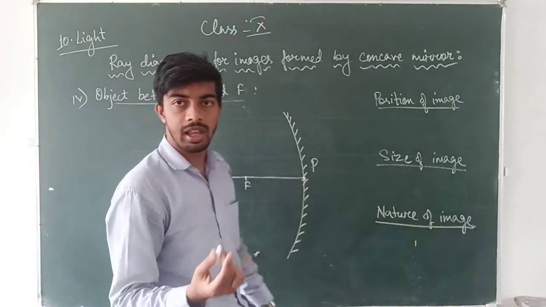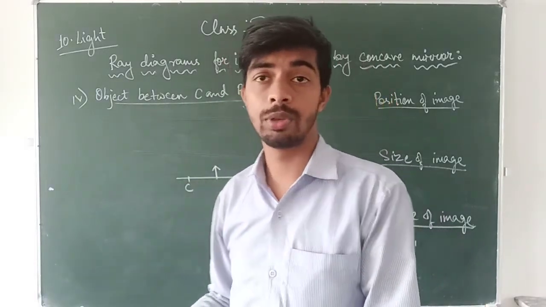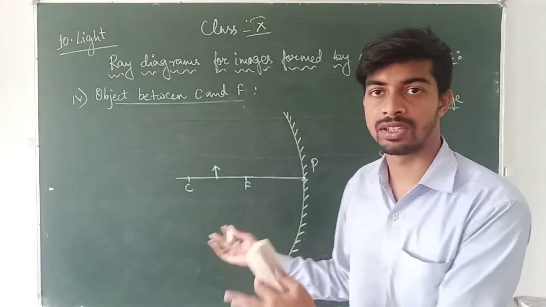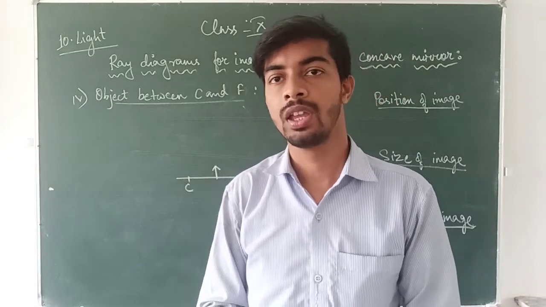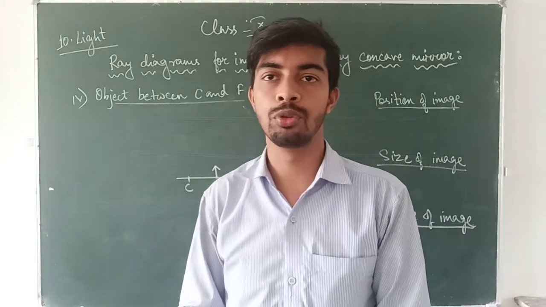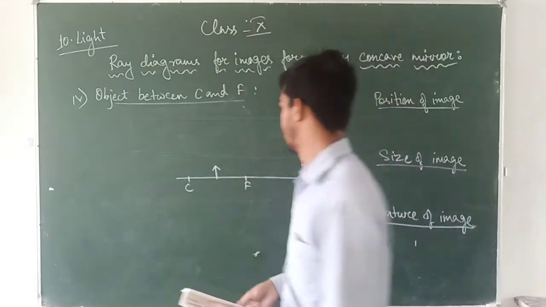So first ray, as I told earlier also, two rays will be coming from the tip of the object, one going parallel to the principal axis passing through focus, and second ray should go through center of curvature. And if the second ray cannot go through center of curvature, accordingly we have to apply the other rules for forming of the image.